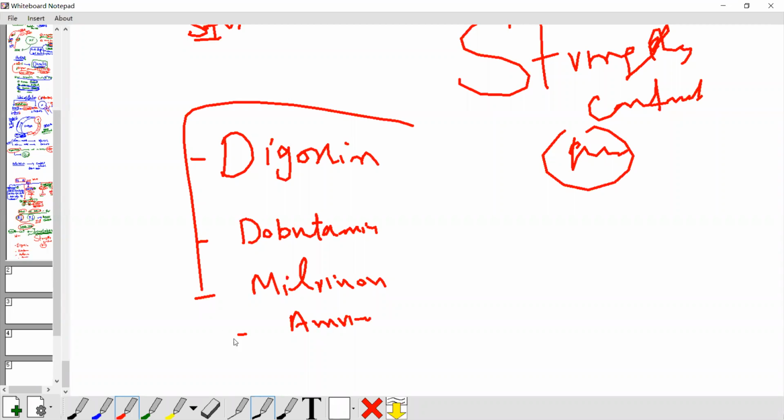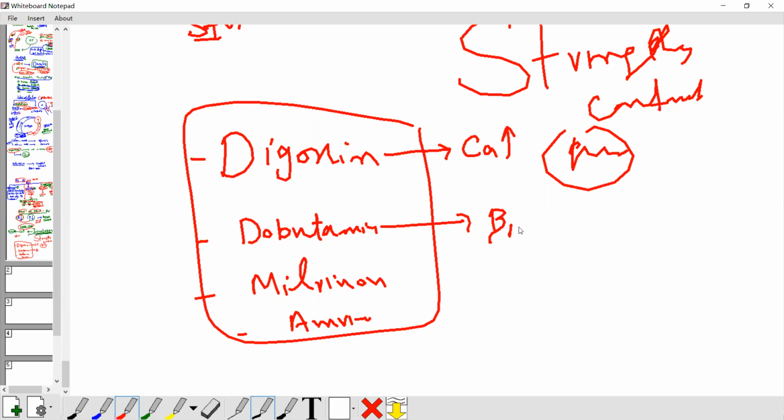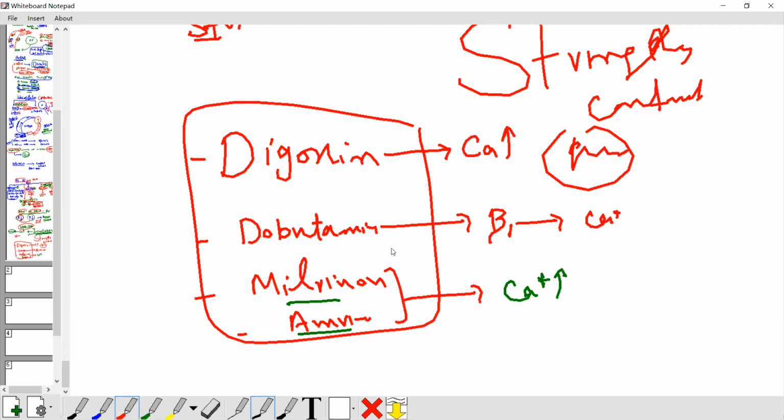These all drugs, this one especially acts on a special type of channel and directly increases the calcium. Dobutamine acts on beta 1 receptors and increases the calcium. And these drugs, milrinone and amrinone, are phosphodiesterase inhibitors, and they also at last increase the calcium. You can see all these drugs increase the calcium.